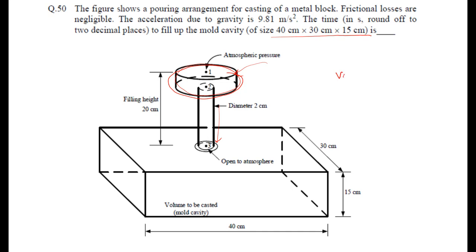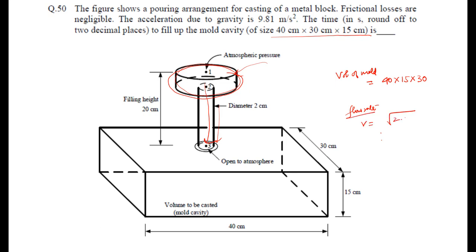So first we'll find the volume of this mold cavity. How much it will be? It will be 40 into 15 into 30. Fine. And here when this liquid is passing to this mold, then what is the flow rate? So to calculate the flow rate, we'll first try to know the velocity, right?